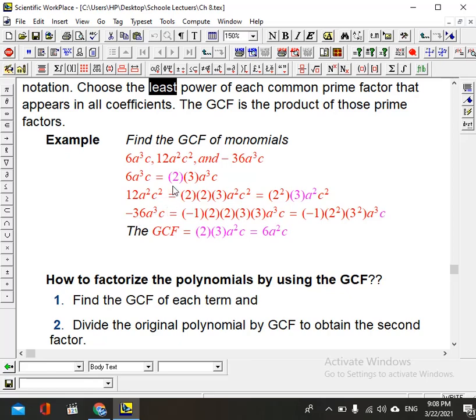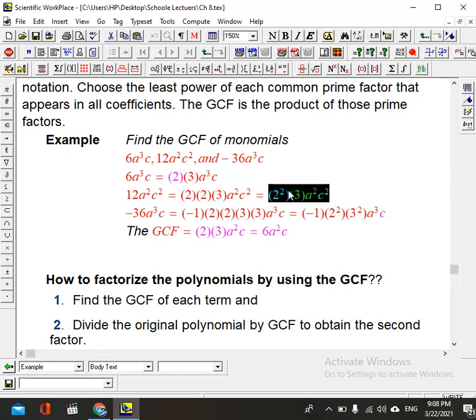For example, if we have the monomials 6a cubed c, 12a squared c squared, and negative 36a cubed c. Firstly, I need to factorize all of these monomials. 6a cubed c will be 2 times 3 times a cubed c. 12 is the factoring, and this is an exponent notation.